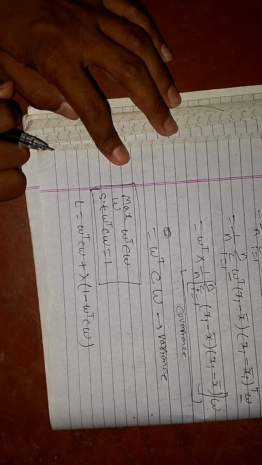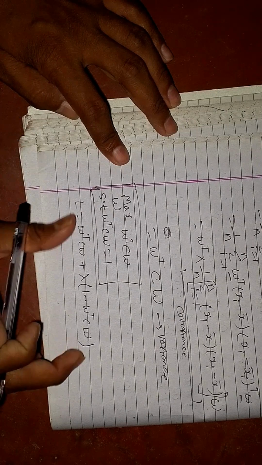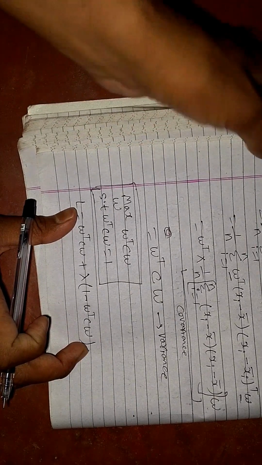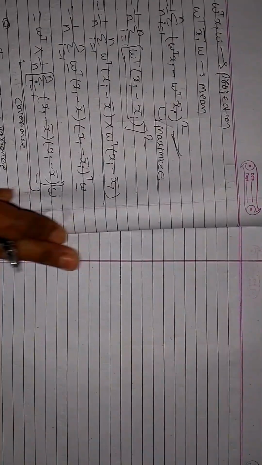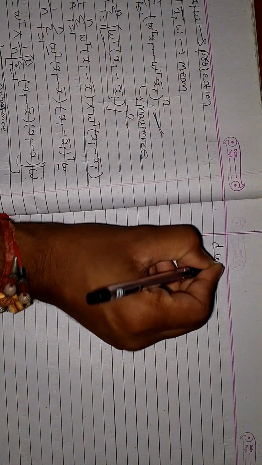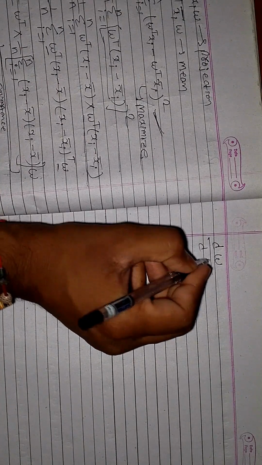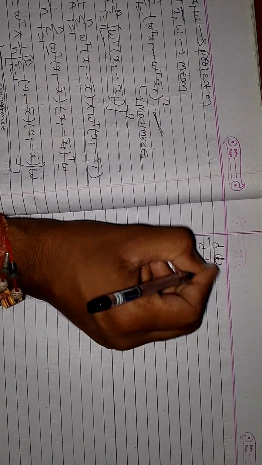So you can take the derivative of this L with respect to W, dL by dW. Is this visible? What a silly mistake.